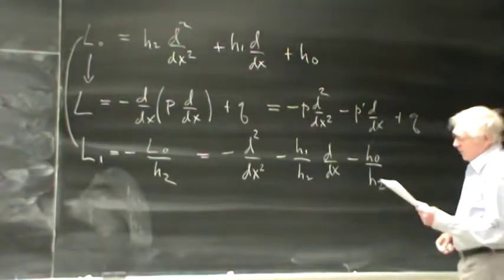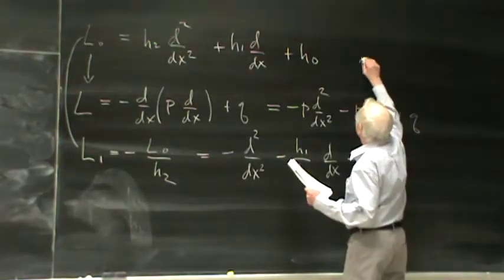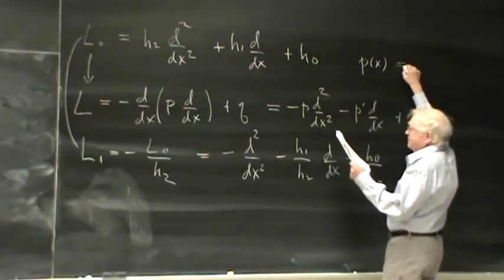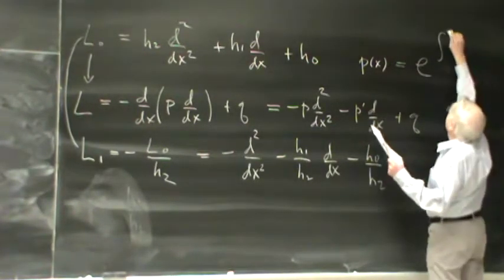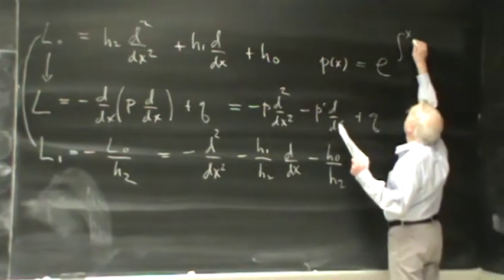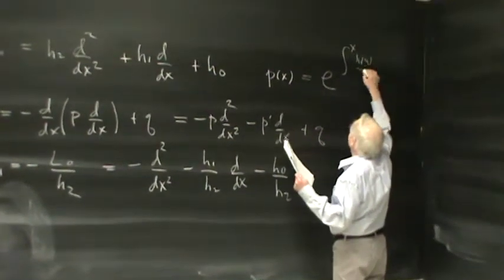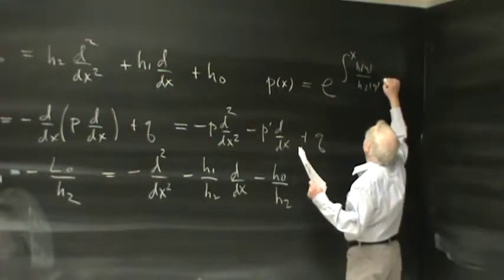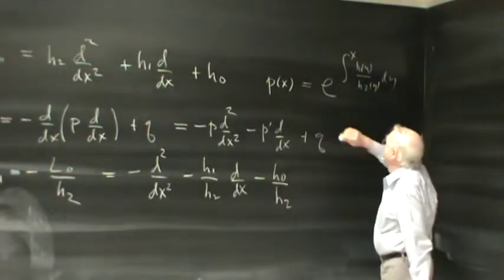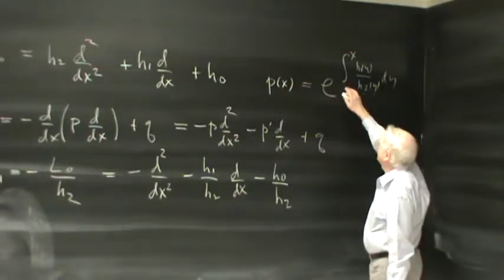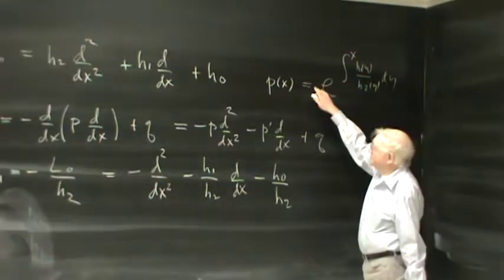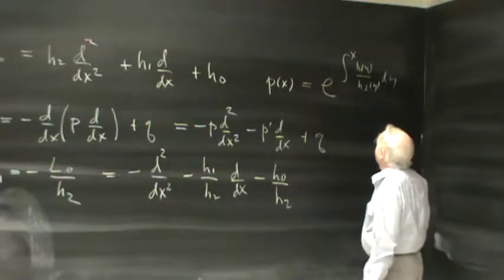So let's say what we actually do is we define p of x as an exponential of an integral up to x of h1 of y over h2 of y dy. And if you want, you can put in the lower limit here. The lower limit corresponds to an overall constant.